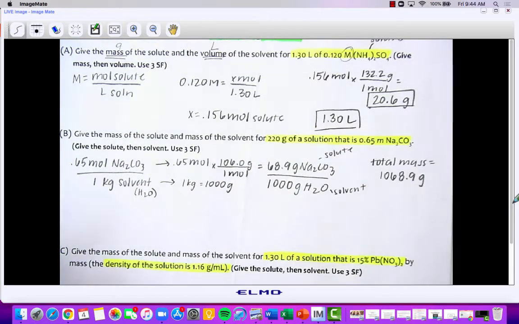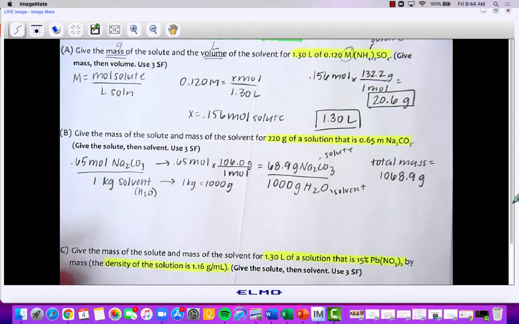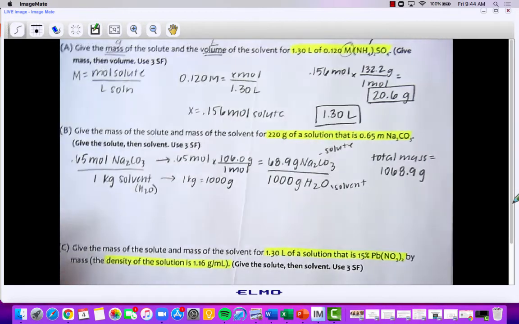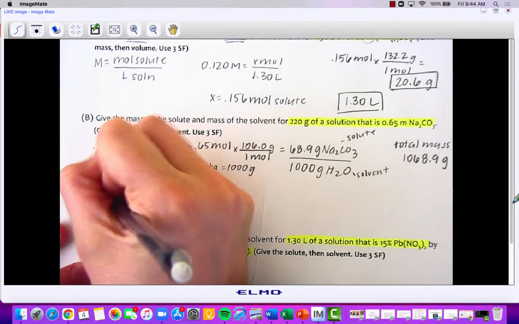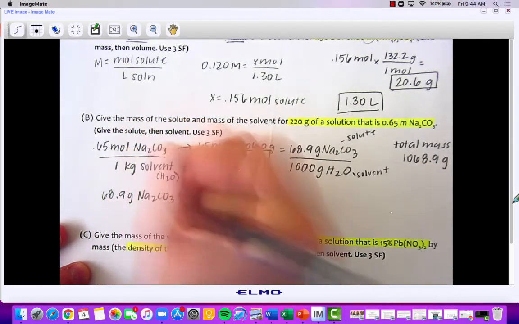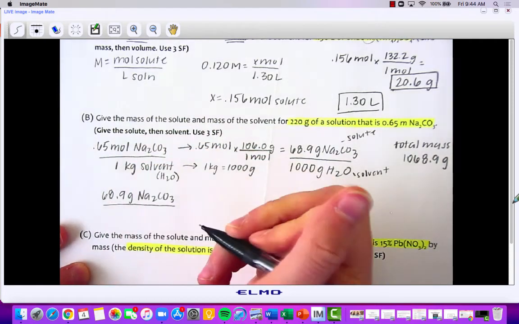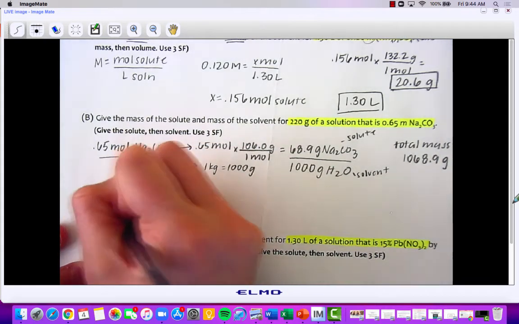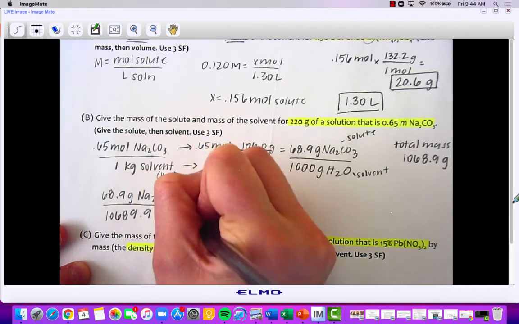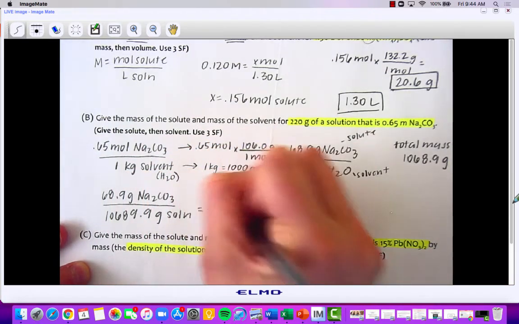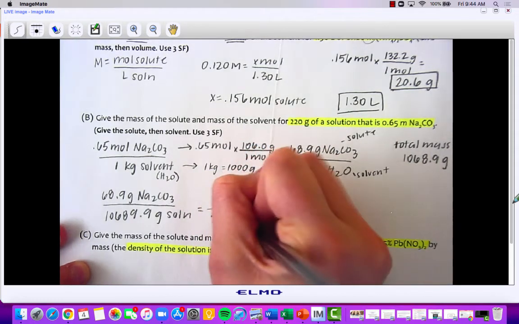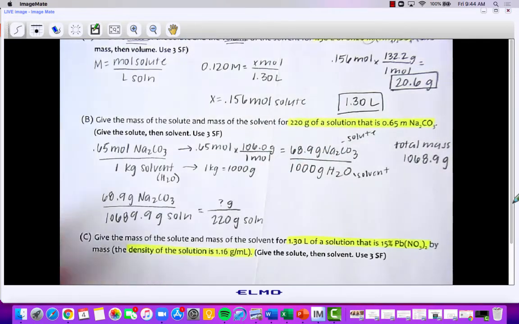So let's try to figure something out. If I have 68.9 grams of Na2CO3 in 1,068.9 grams of solution, how many grams of Na2CO3 would I have in 220 grams of solution?